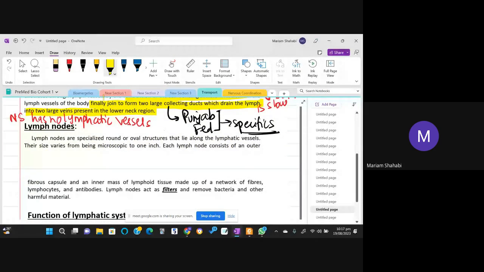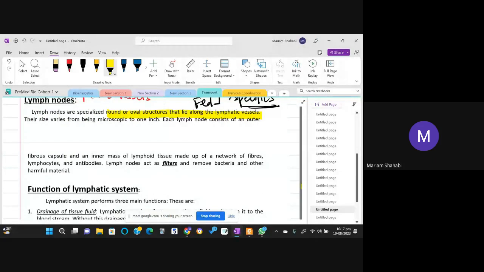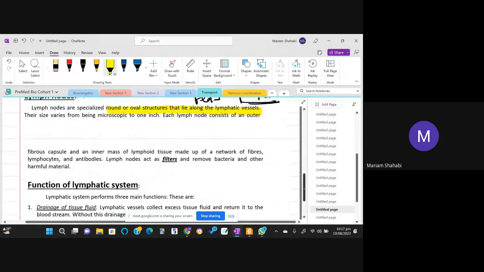The lymph nodes are specialized round or oval structures that lie along the lymphatic vessels. Now, lymphatic vessels, I should have a diagram for this.